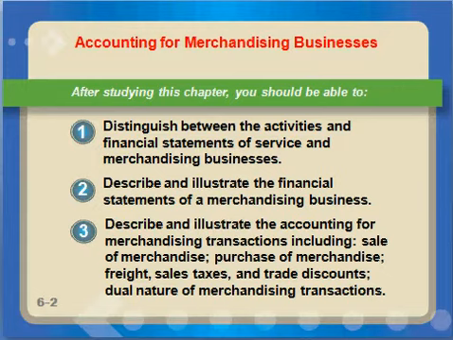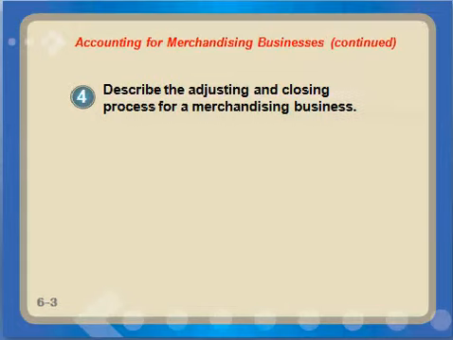We want you to be able to describe and illustrate the accounting for merchandising transactions, including sales of merchandise, purchase of merchandise, freight, sales taxes, and trade discounts, and be able to describe and illustrate the dual nature of merchandising transactions. And then finally, we want you to be able to describe the adjusting and closing process for a merchandising business.